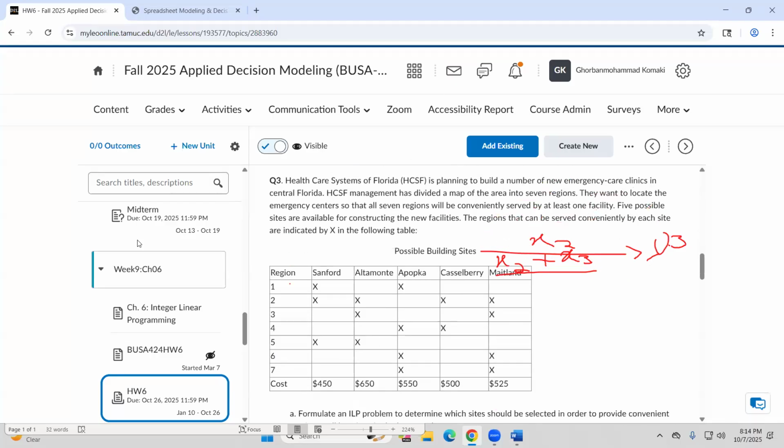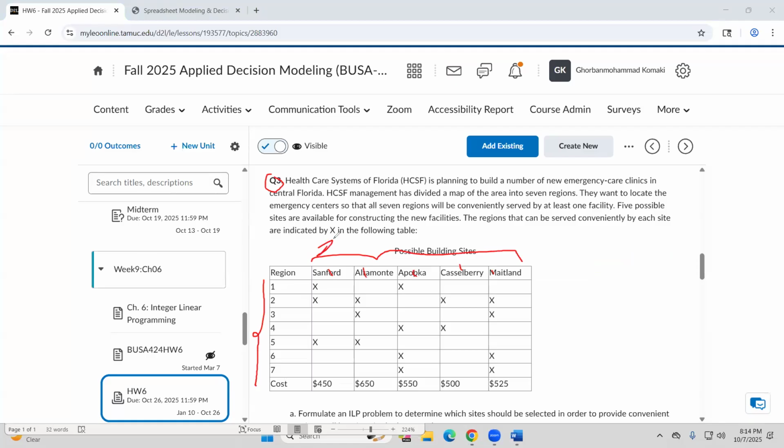We need to pay attention to this one very, very much. Okay. Question number 3. So here we have the 7 places and we have possible sites, 1, 2, 3, 4, 5.